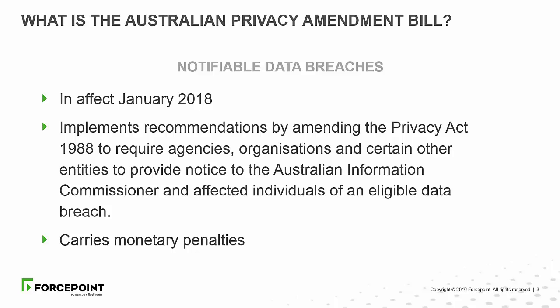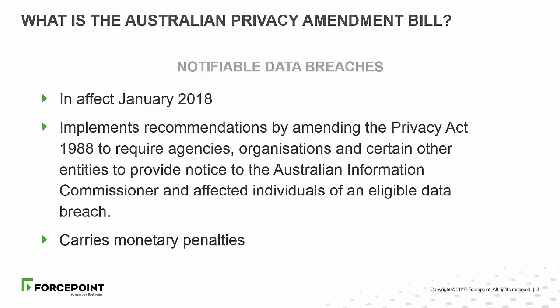When a breach occurs, you're going to have to notify those affected individuals of an eligible data breach, and I'll explain a bit more about what an eligible data breach is later on, as well as the Australian Information Commissioner. This is just saying to the Australian government, hey, this happened, and we are letting our customers, those affected individuals, know.